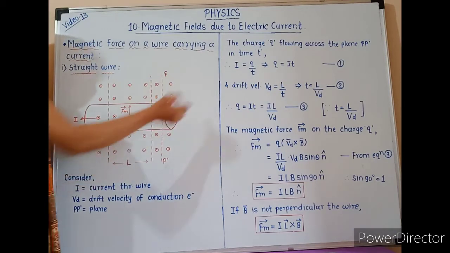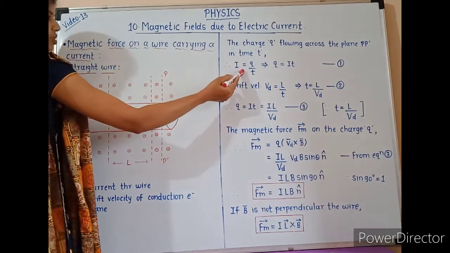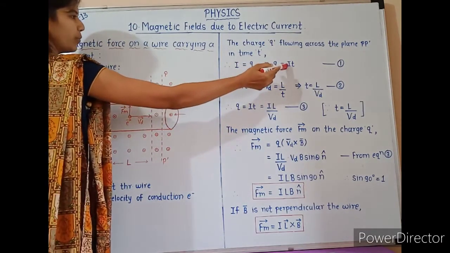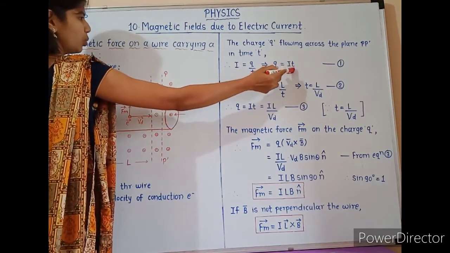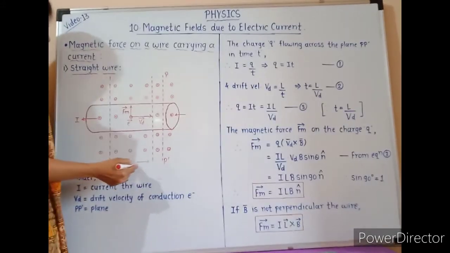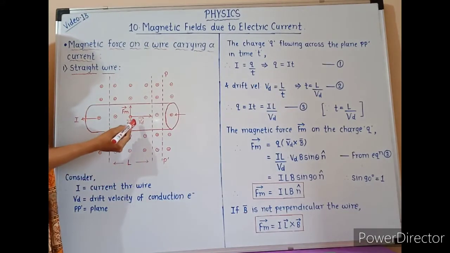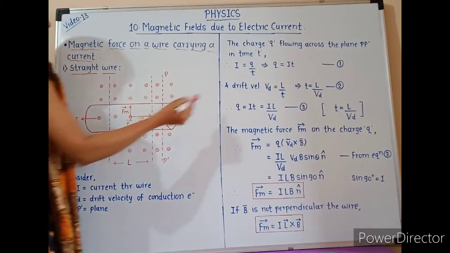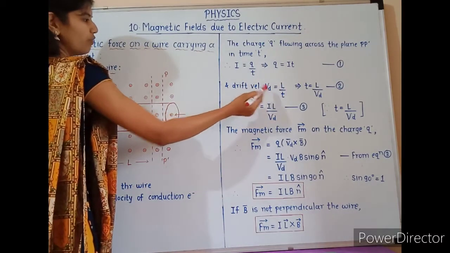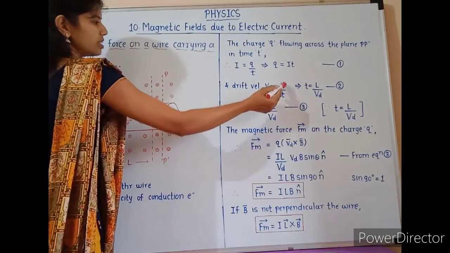But we know that current is nothing but the charge upon time. So from this equation we can write charge Q is equal to I into t, that is current into time. This is equation number 1. Now when an electron travels the distance L in small time t, then the drift velocity Vd is nothing but the distance upon time, that is L by t.